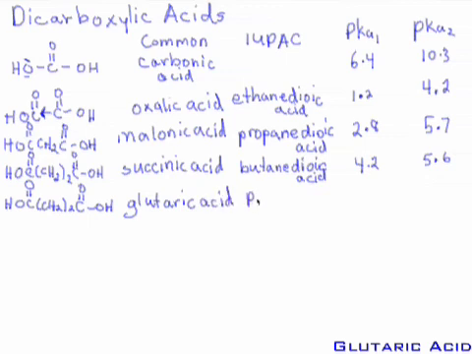Glutaric, or as the IUPAC would say, pentane dioic acid. The pKa for pentane dioic is 4.3 and about 5.4 for the second pKa.